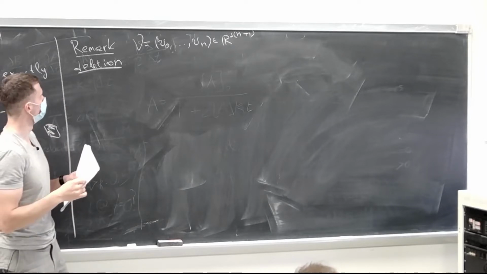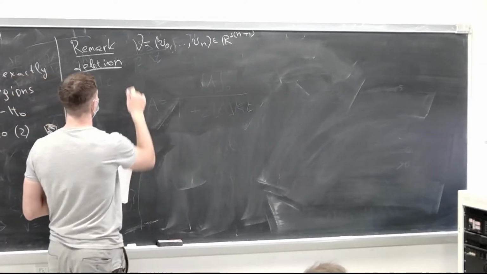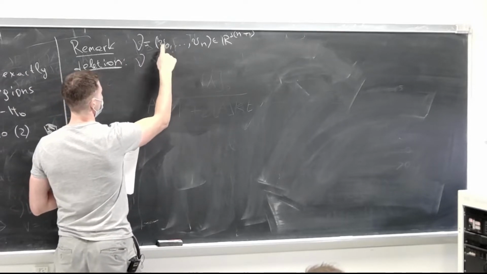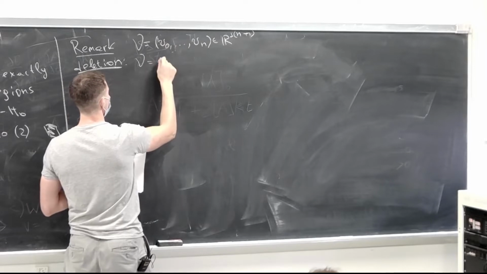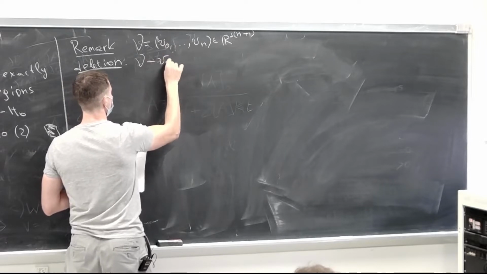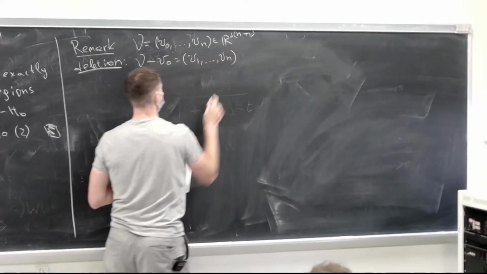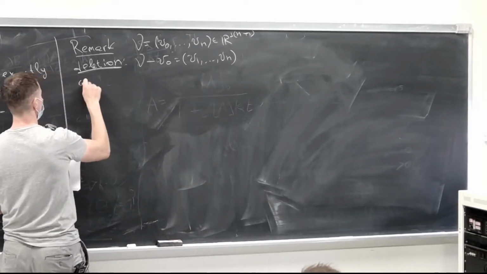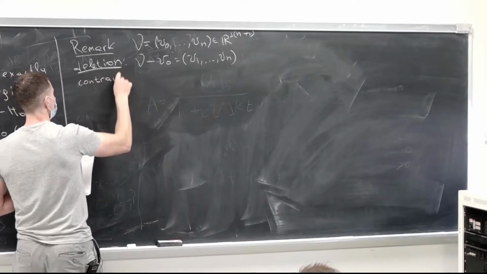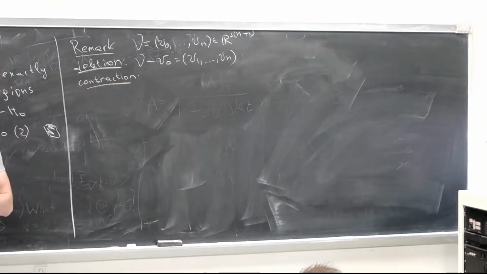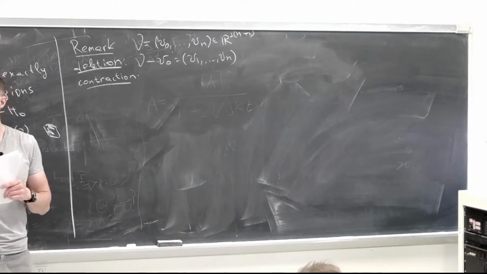What is deletion? Okay, remove a vector. These are just labeled. So let me say that V minus v0 is just v1, etc., vn, just a smaller collection of vectors. And what is contraction? Project along orthogonal projection.